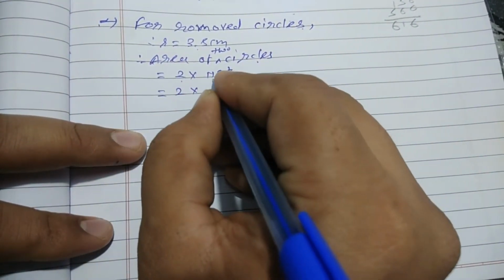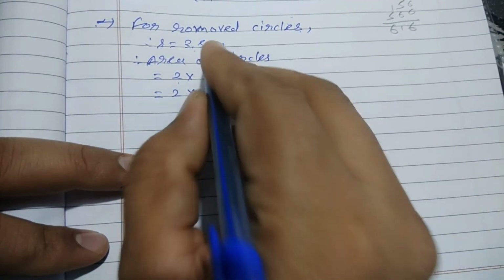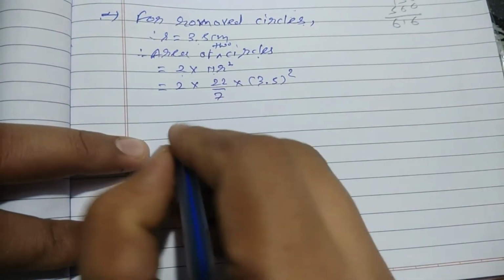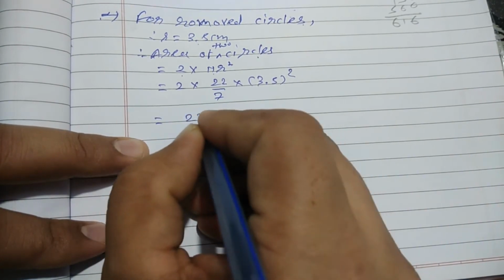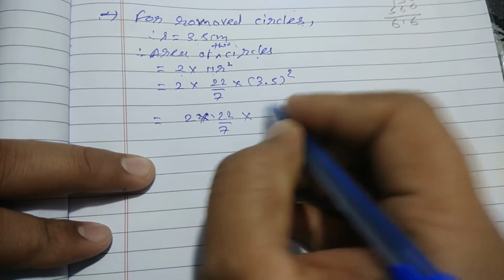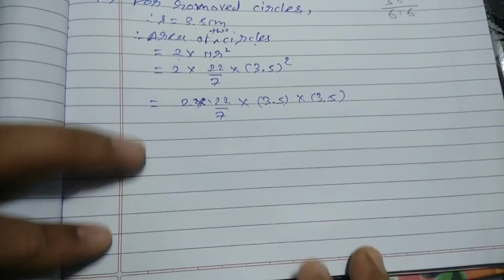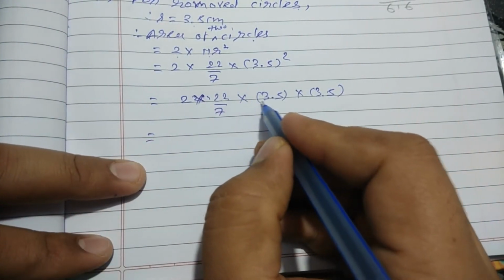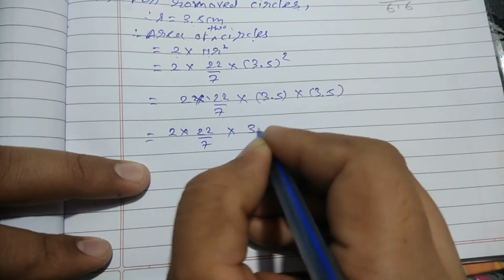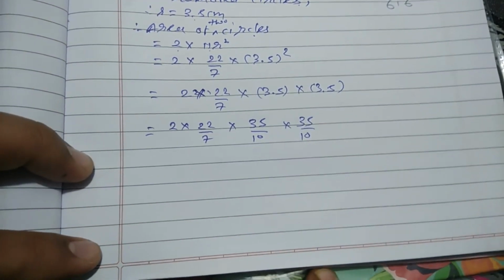So 2 multiply by pi 22 divided by 7 multiply by r, which is given 3.5, and r square, therefore 3.5 square, and that is equal to 2 multiply by 22 by 7 multiply by 3.5 multiply by 3.5. Here 3.5 is there, so we will convert it into whole number. 2 multiply by 22 by 7 multiply by 35 by 10 multiply by 35 by 10.